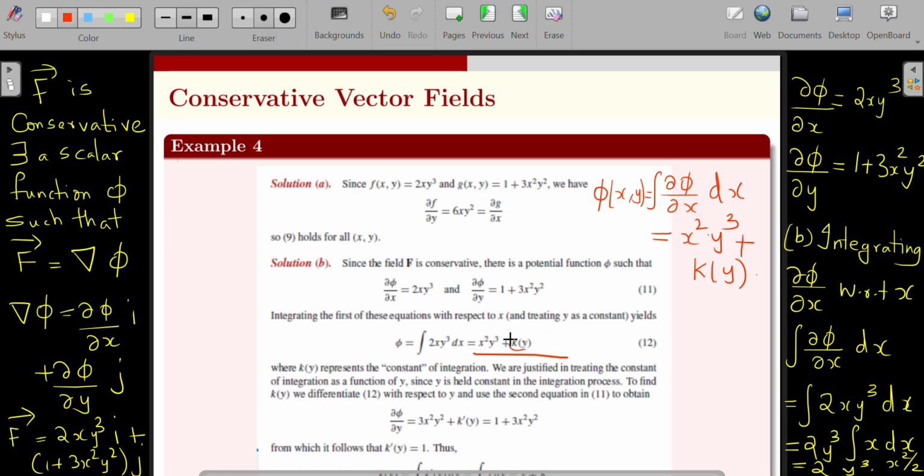Now k of y is unknown, so we have to find k of y. We have obtained φ of x, y. Now you just differentiate this φ with respect to y.